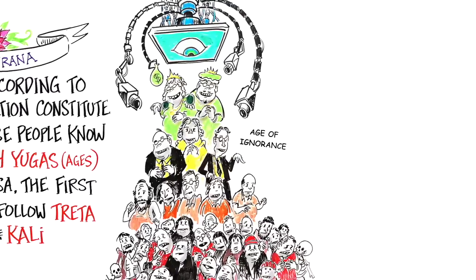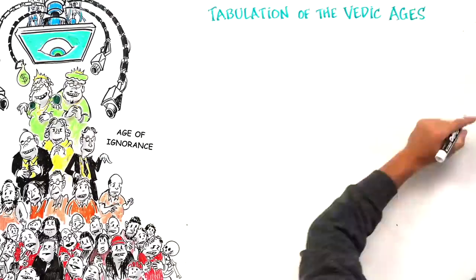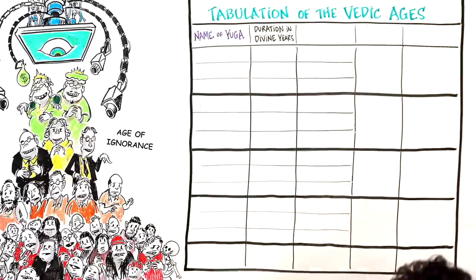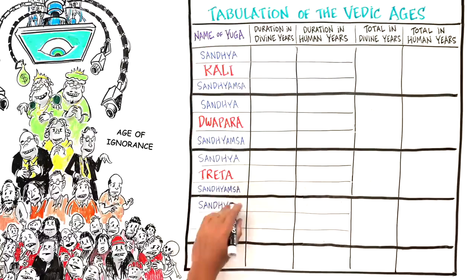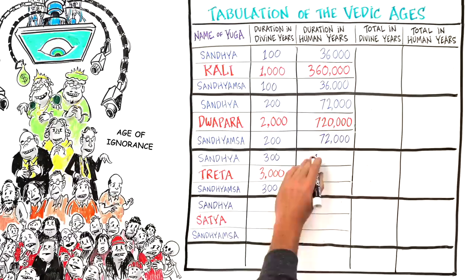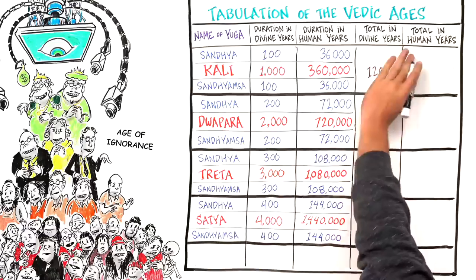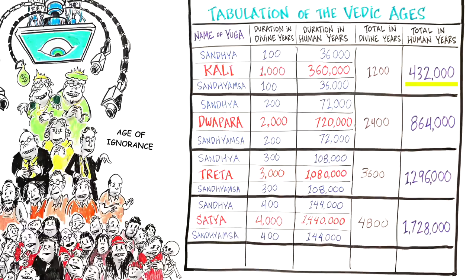of our years. Okay, now here's a tabulation of the Vedic ages. And you'll notice, we'll look first at the total in human years, and we see that the Kali Yuga, the shortest, is 432,000. And then we go to 864,000, 1,296,000, 1,728,000, and 4,320,000.